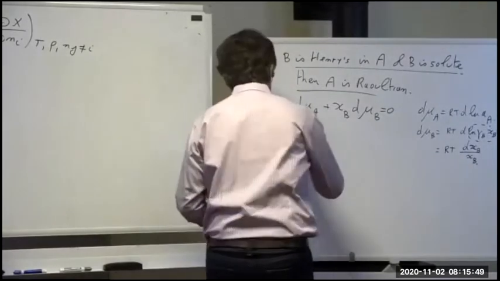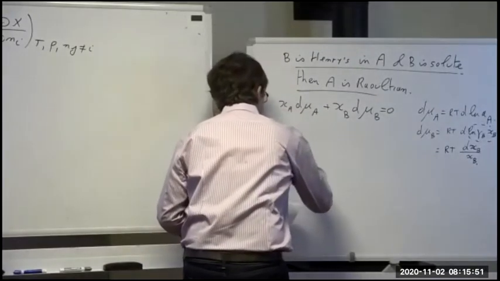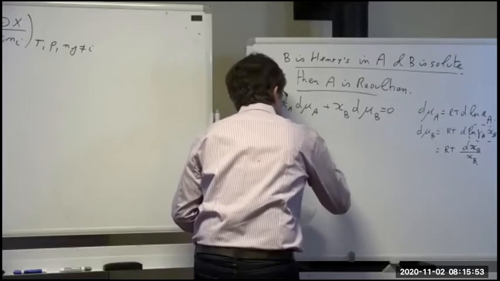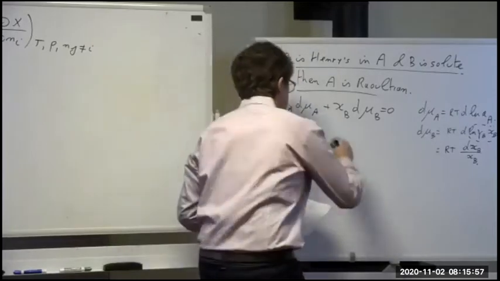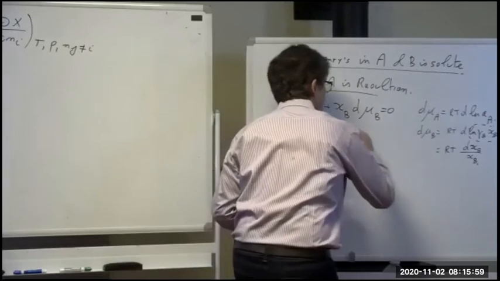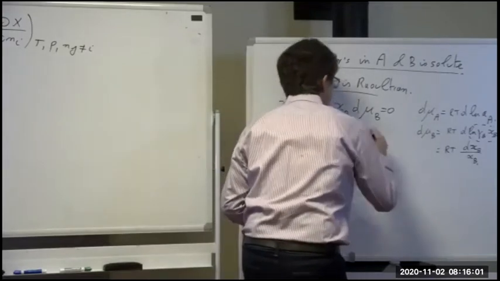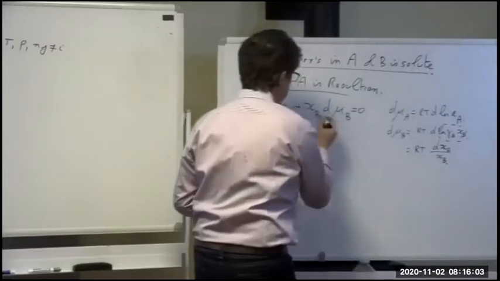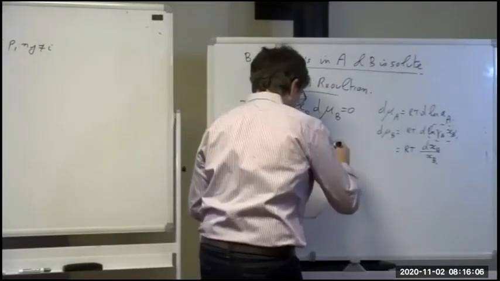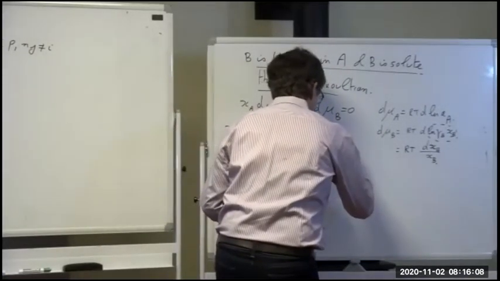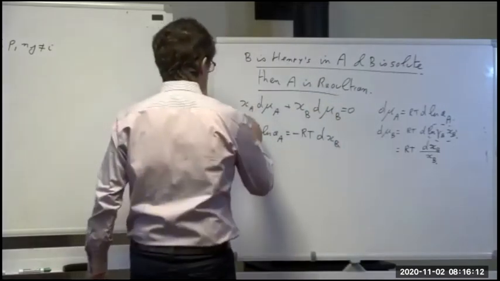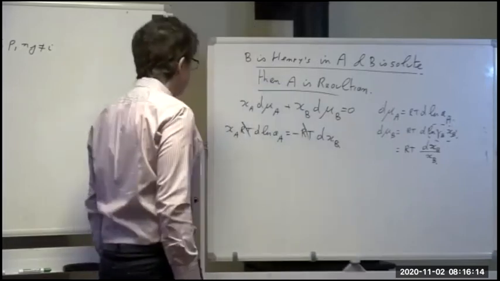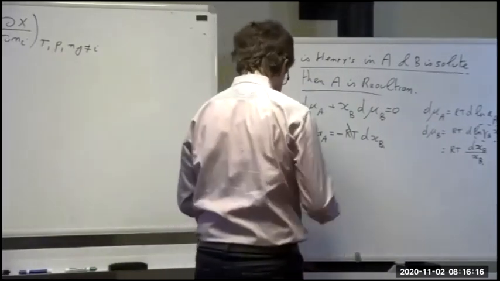So I get that x_A RT d log the activity of A is equal to minus RT. I get now the x_B over x_B, but I multiply by x_B, so it's RT dx_B. And I can cancel the RT. And so what do I find now?